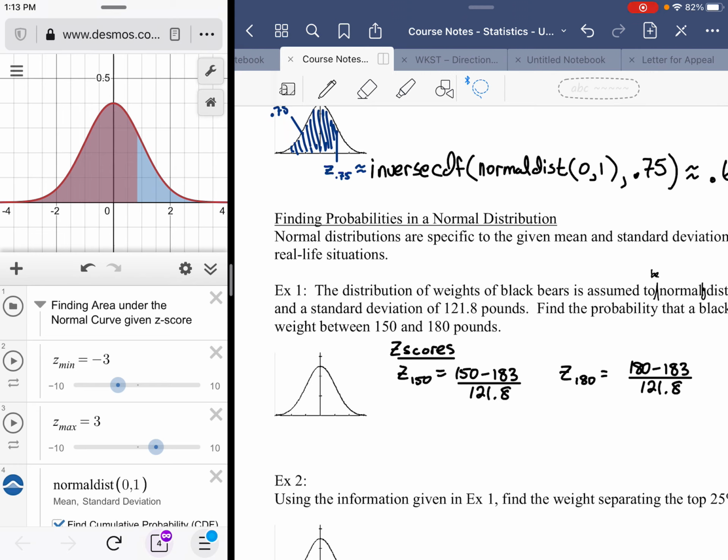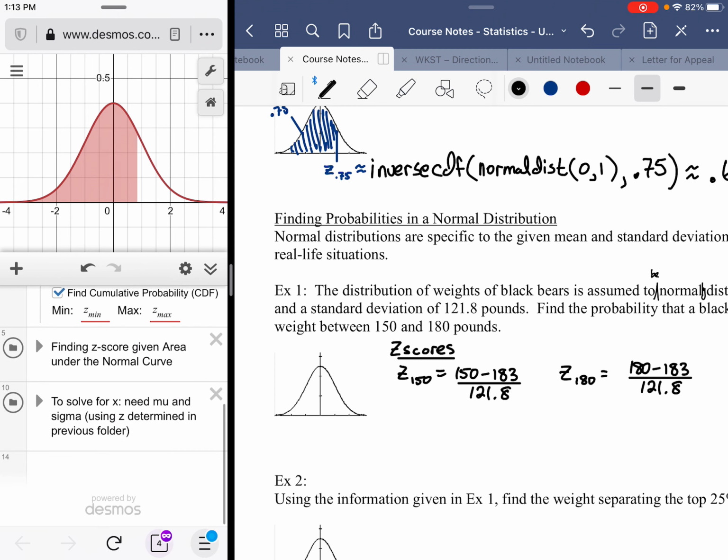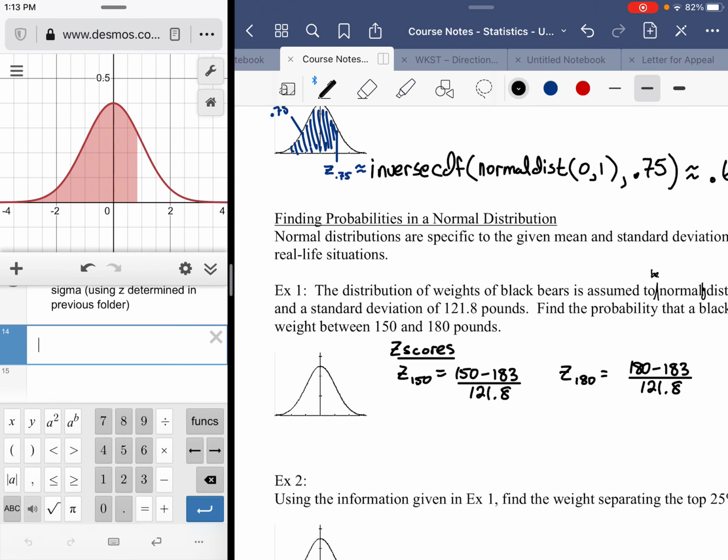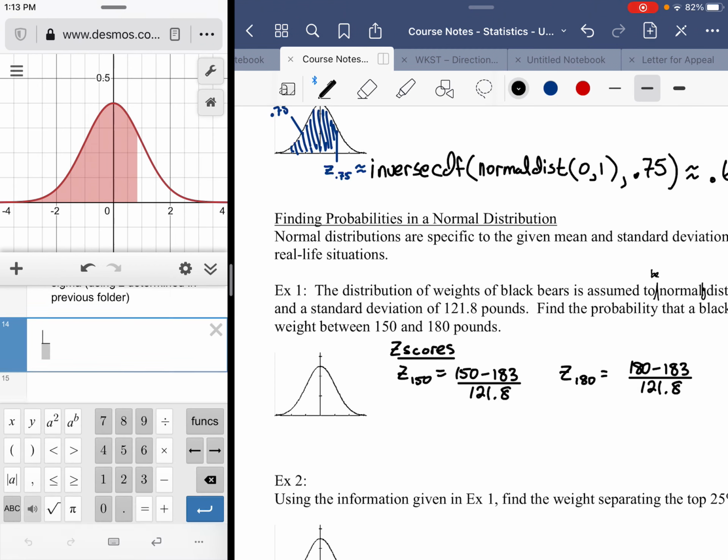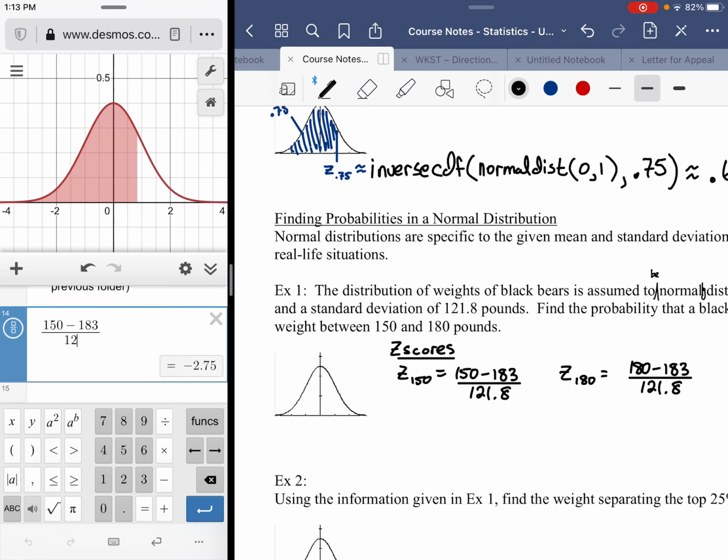If we go into the first little drop down, z min, z max, this calculator, the way I have it set up, is calling for these values anyway. So I'll show you two ways to handle it. One way is a little slicker than the other. So we can do 150.